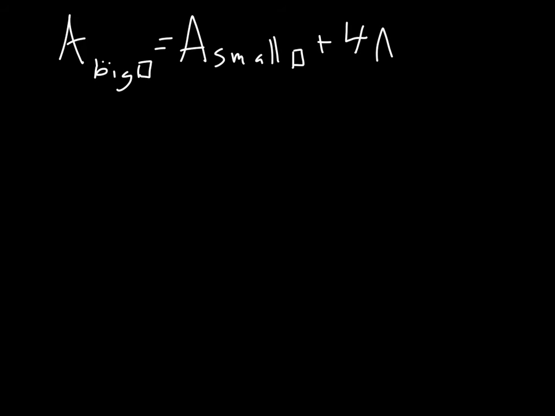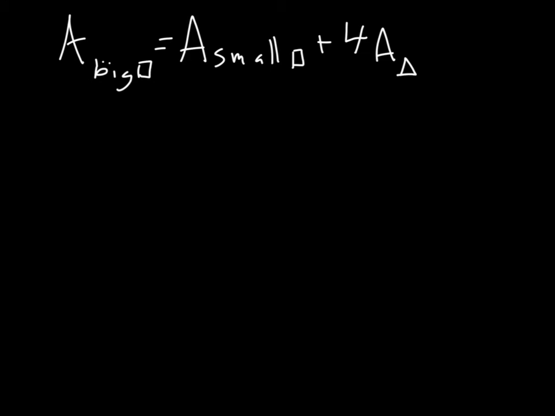So, we know our side lengths are 5 and 12, so let me write that formula again. Area of the big square equals the area of the small square plus 4 areas of our triangles. And you can go back in the video to refresh yourself about what the side lengths are.